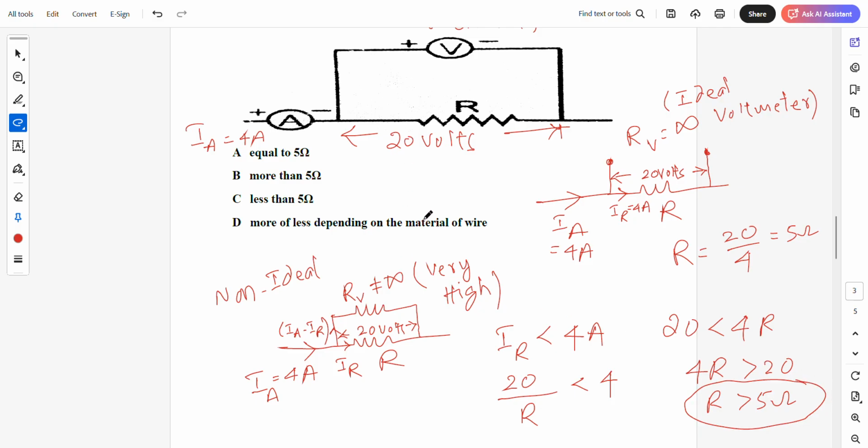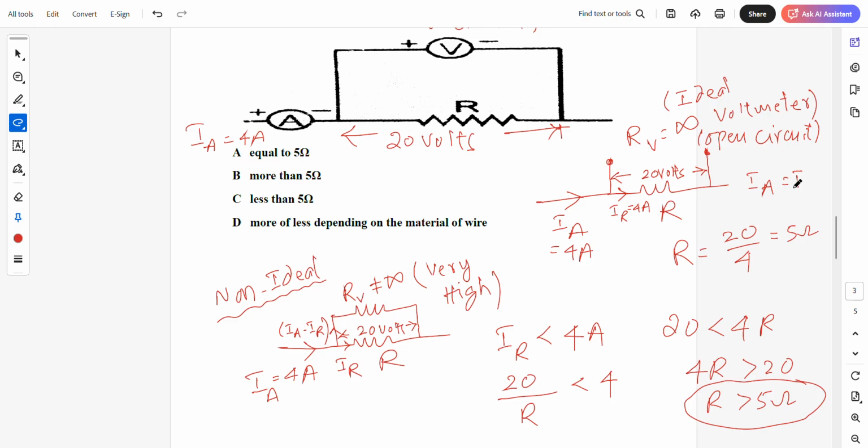Whereas we are assuming that this voltmeter is non-ideal. Resistance will be very high, but not equal to infinity. Here we are assuming infinity. If the resistance becomes infinity, it becomes an open circuit. Then all the current will flow through this resistor R. Therefore IA will be the same as IR.